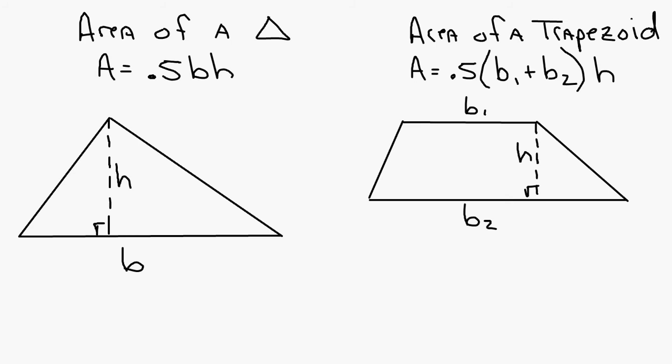All right, so example 2A on page 678 says, find each measurement, the area of a trapezoid. They give you B1, B2, and the height. So that's just a matter of substitution. I'm not going to do that. You substitute B1, B2, and H into the formula and you type it in your calculator.